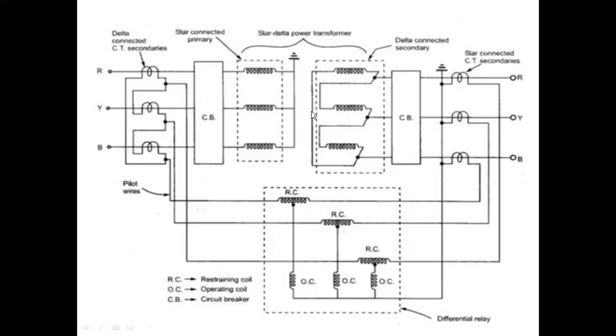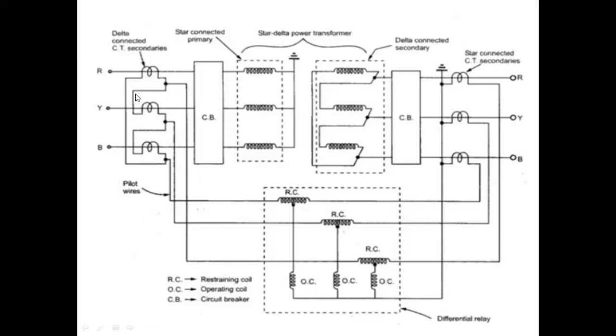Suppose there is an interturn fault, which means the transformer gets overheated. Or if any line to line or line to ground fault, meaning phase to earth fault, has occurred, then the current increases here. So when that current increases, what will happen?